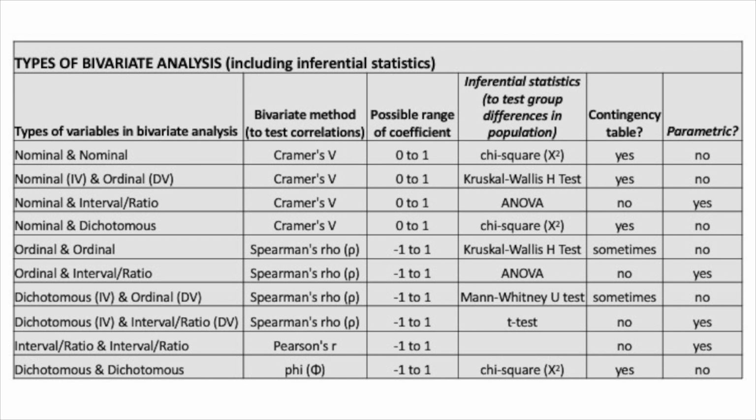And then at the end, I also have parametric or non-parametric. So you can use this table as a guide, as a reference, when you're trying to figure out what statistical tests you should be doing for an exam or for your research proposals. This will come in handy. Okay, so just wanted to give this to you to use for yourself.